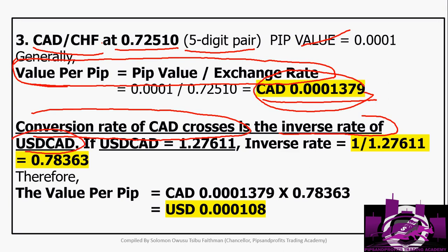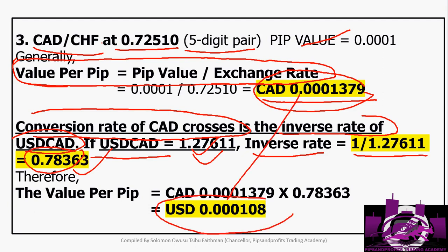So if USD CAD is this, then the inverse rate is going to be 1 over this particular rate, and you are going to have something like 0.78363. Okay, so after you have gotten the rate, you multiply it by the answer you had, and you are going to get this particular answer.